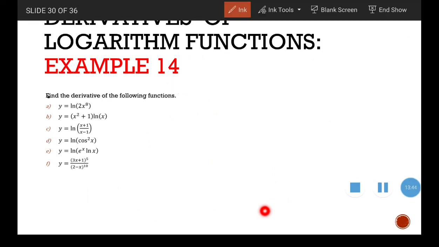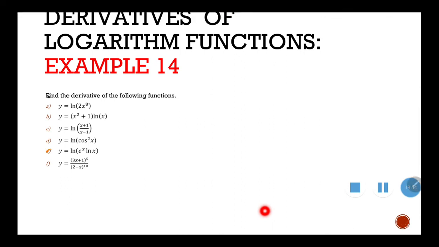Okay, so I hope the record button is on now. Okay, so E is y equals ln e to the power of x ln x. Okay, I'm going to write it again, y equals ln e to the power of x ln x. Okay, remember the first rule to solve the derivatives of log function? Okay, 1 over whatever in the bracket.